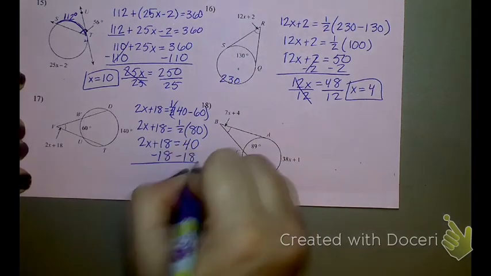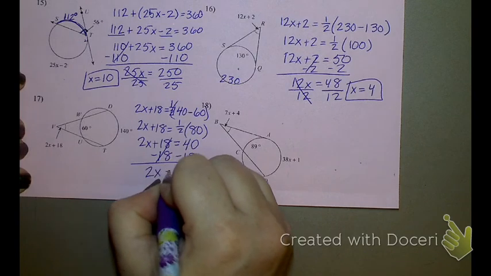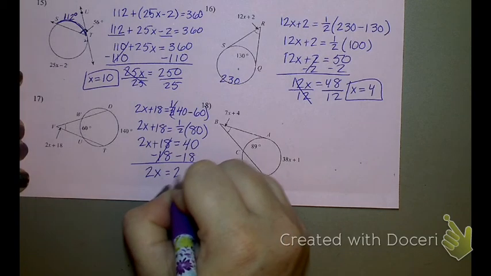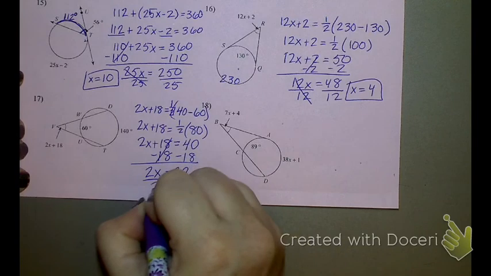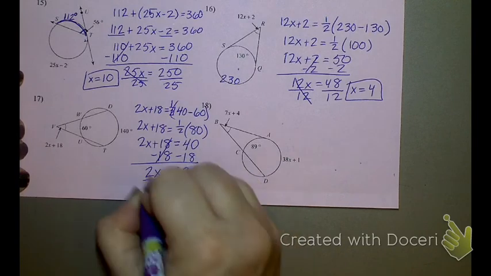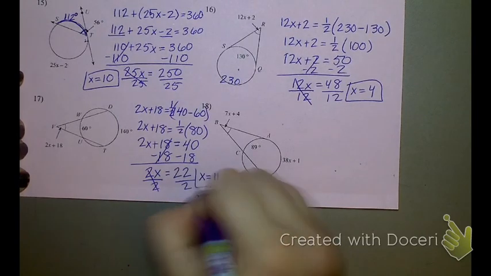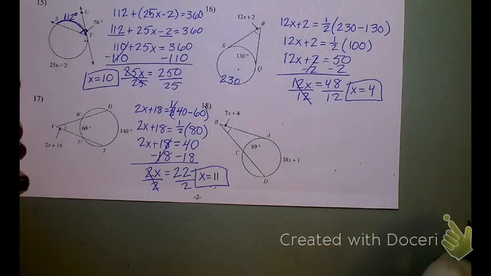Subtract my 18. What's 40 minus 18? 22. Divide by 2, and x equals 11.